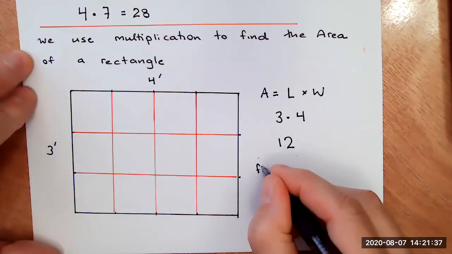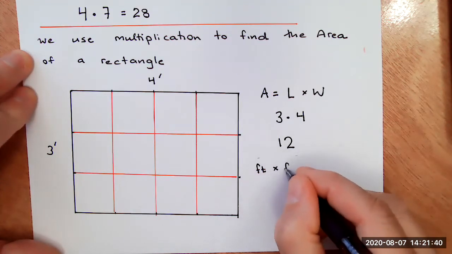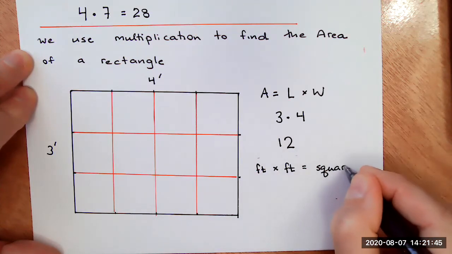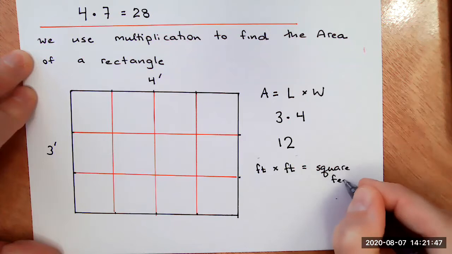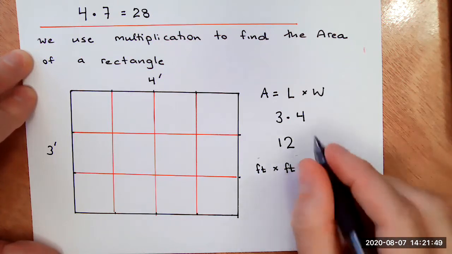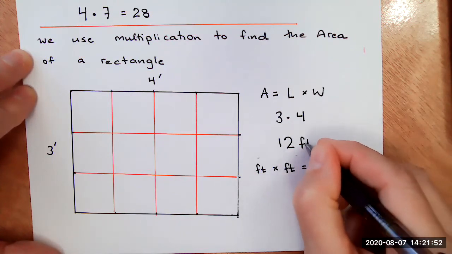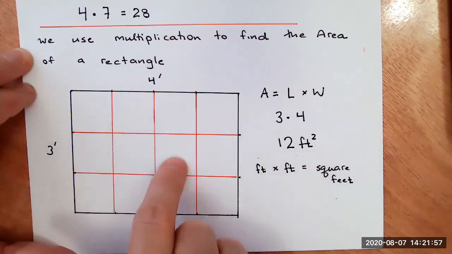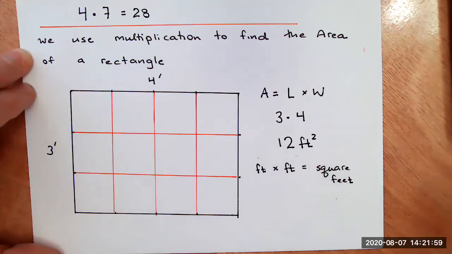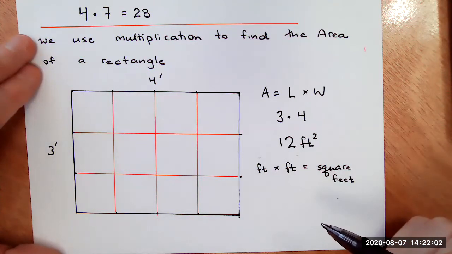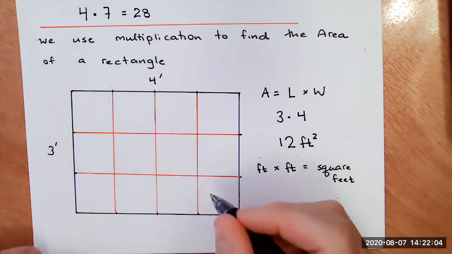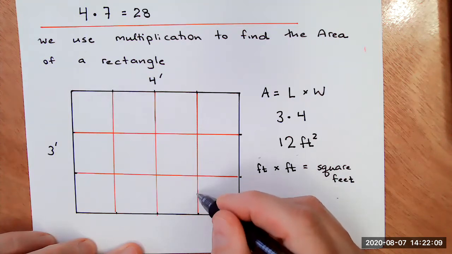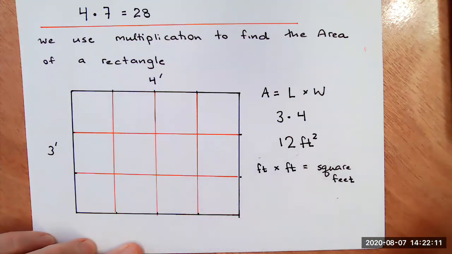When you multiply feet times feet, you get square feet. So that's 12 square feet. And you can see it: 1, 2, 3, 4, 5, 6, 7, 8, 9, 10, 11, 12. And just for information, 1 square foot is a square that's 1 foot by 1 foot.